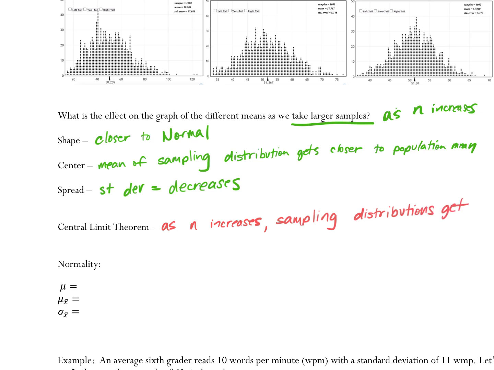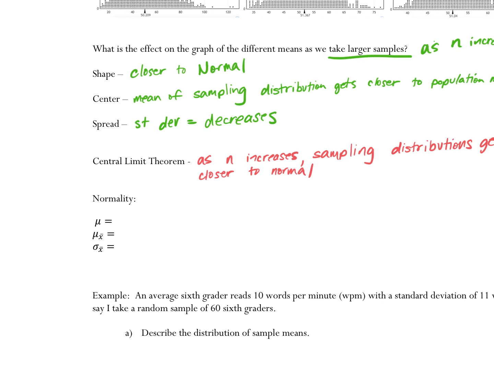And in fact, we are allowed to say that no matter what we know about our population, if the sample size is large enough, we're allowed to assume the sampling distribution will be normal. And for right now, that normality rule is you want your sample to be large enough. And the definition of large enough is if your sample size will be greater than or equal to 30. Always 30.